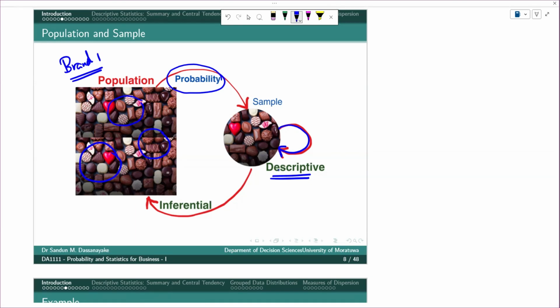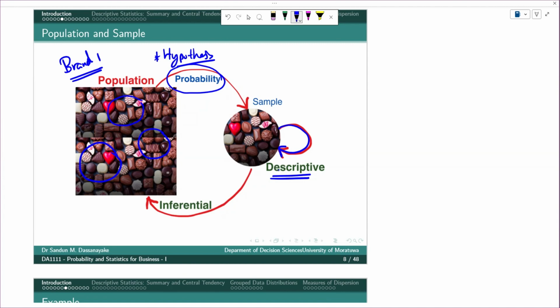Imagine you are testing the chocolate flavor. You need to state some hypothesis, and from this hypothesis, you have some idea whether to test something or not. You take it out, and there's a probability to take a certain sample out. You do the analysis.